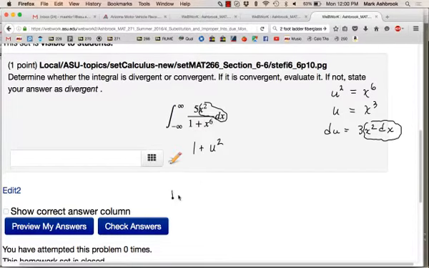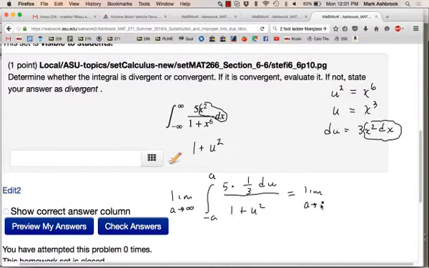So we can set this up as the limit as a goes to infinity of the integral from negative a to a of 5 times 1/3 du over 1 plus u squared. And now we've got it, because we know that this is going to be 5/3 what? Arctangent. As far as the antiderivative, we've got it. We've got a limit to deal with now.